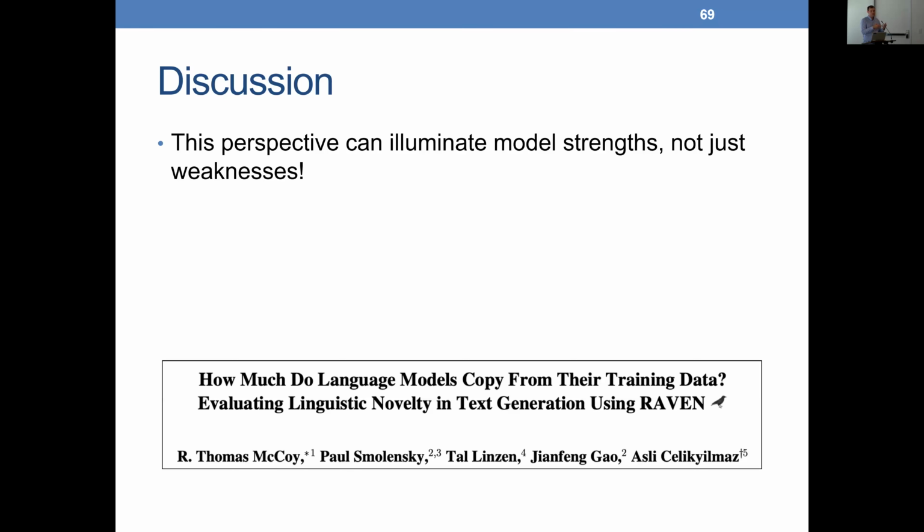We used this sort of hypothesis-driven perspective to investigate this question. And here the answer was much more positive about language model abilities. They really are generating substantial amounts of new syntactic structures and morphological combinations. So it's really not valid to say that language models are merely copying.